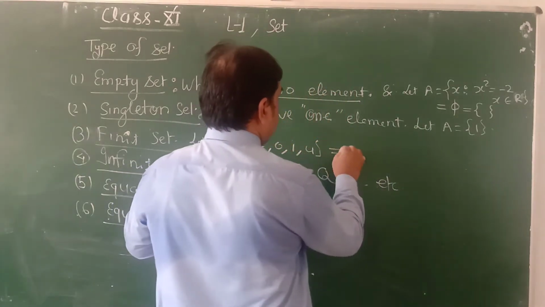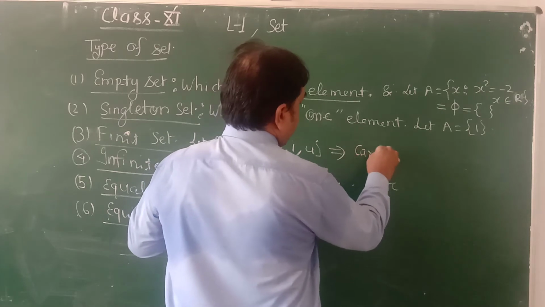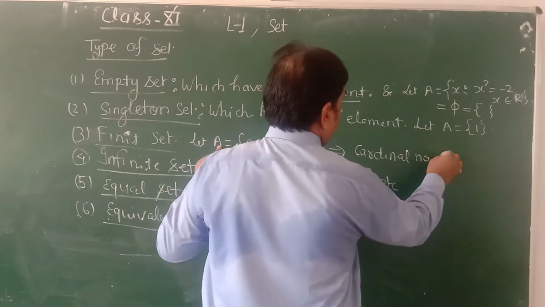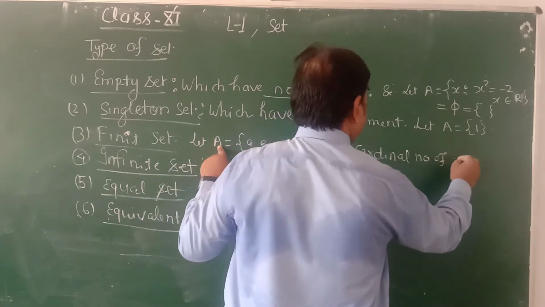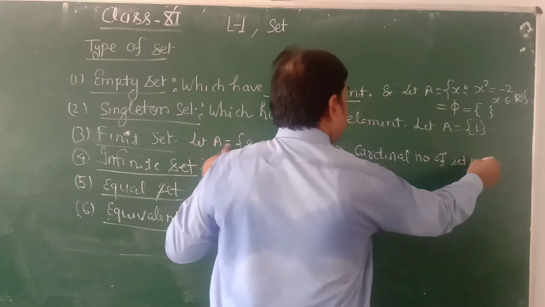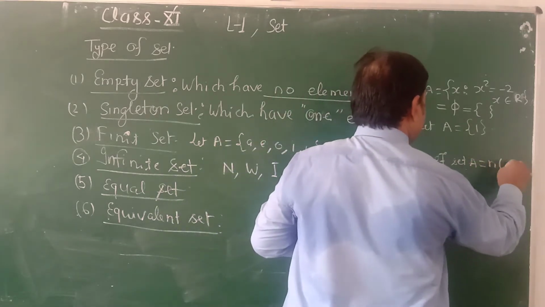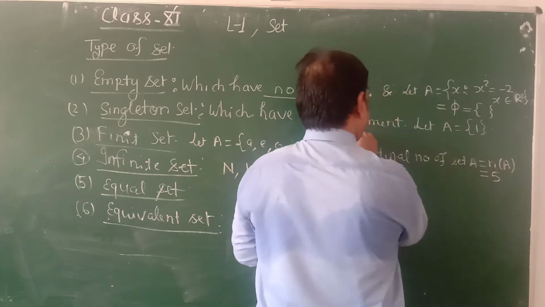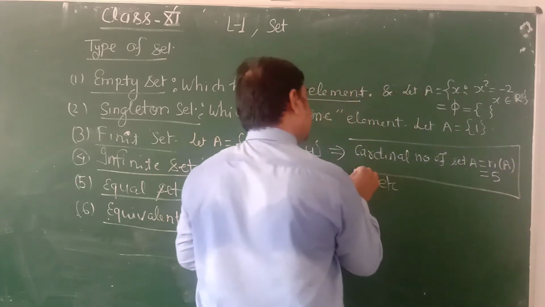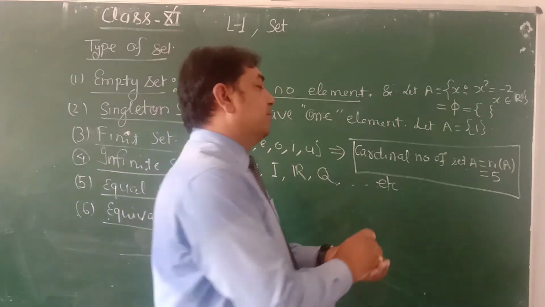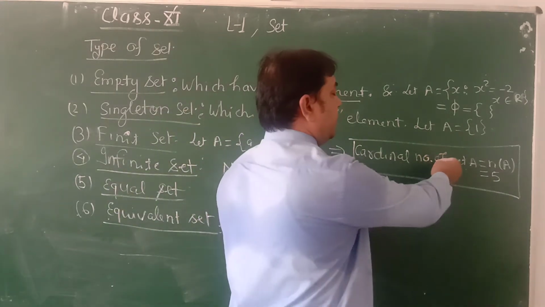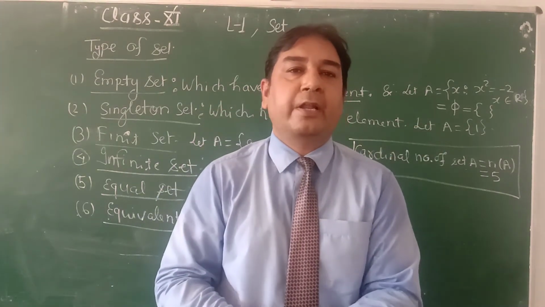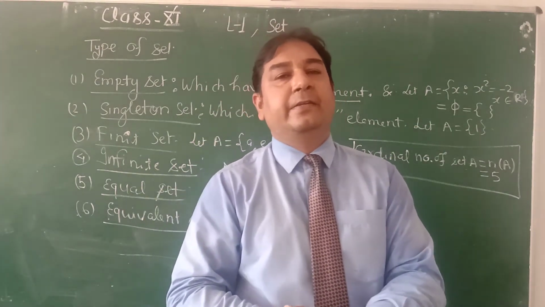For example, the cardinal number of set A is denoted by n(A), and this is equal to 5. If anybody asks you what the cardinal number of a set is, you can say that the number of elements is called the cardinal number of that set.